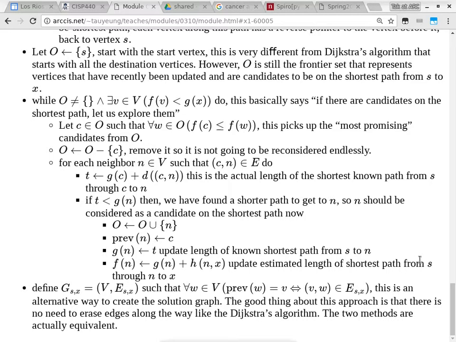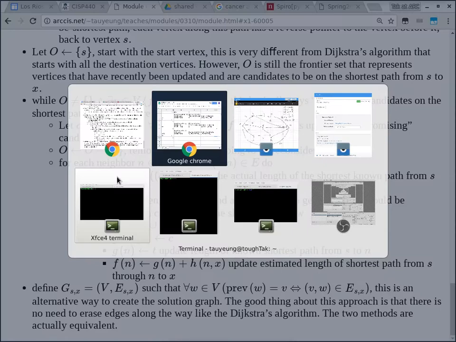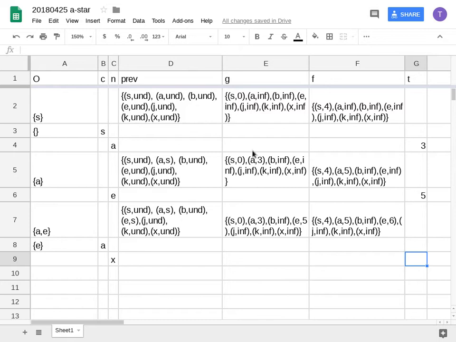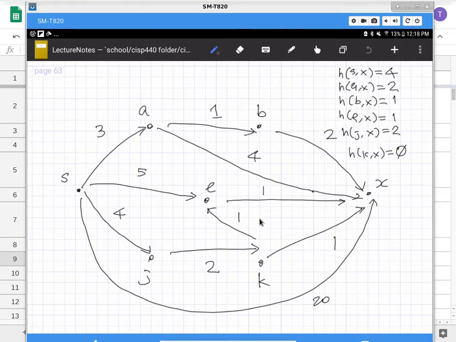It so happens to be the destination, but this is the actual length of that path. So what is g of A? Let's check it out. g of A is 3. What is the distance from A to X? For that, we have to look at the graph. It is 4. So 3 plus 4 is 7.